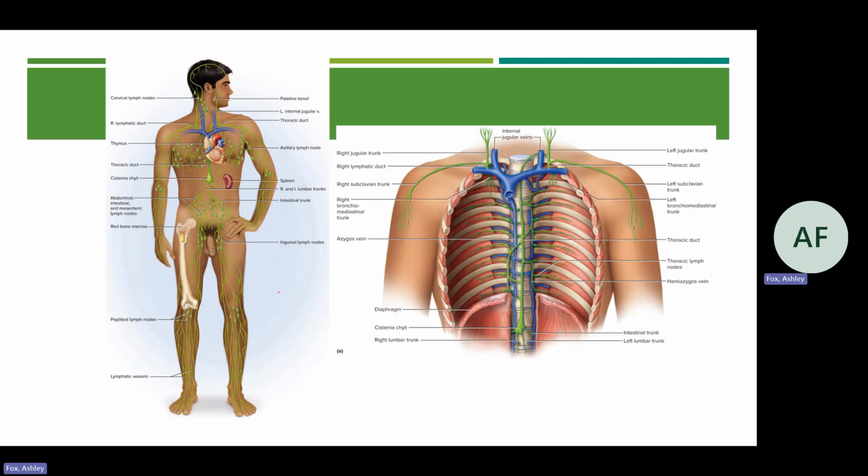So here's a better picture of looking at it. This is showing you the thoracic duct. This is the cisterna chyli that we saw, that some individuals have. And this is showing you the right lymphatic duct is here, draining into the subclavian, and the internal jugular is here. And then the thoracic duct is draining into this side.